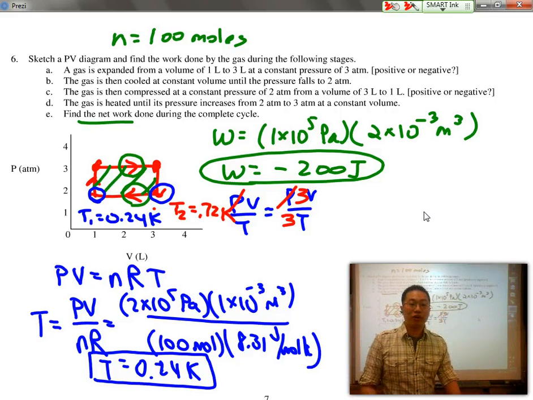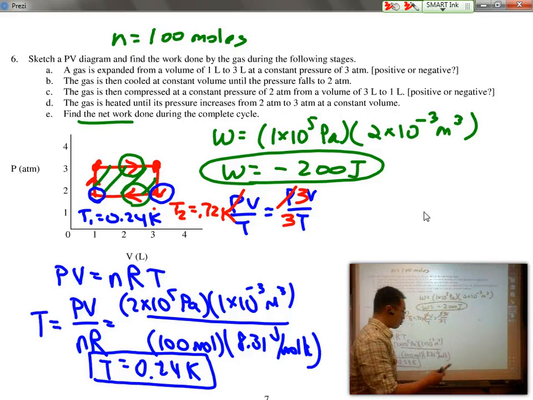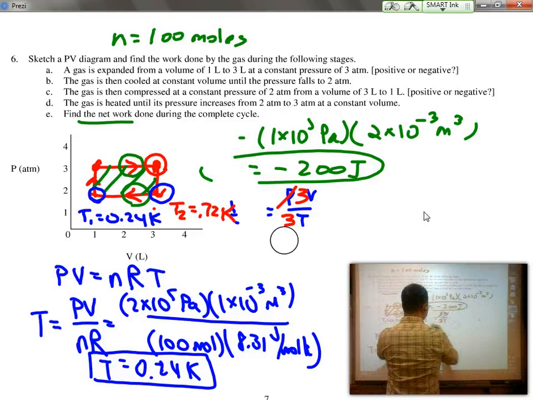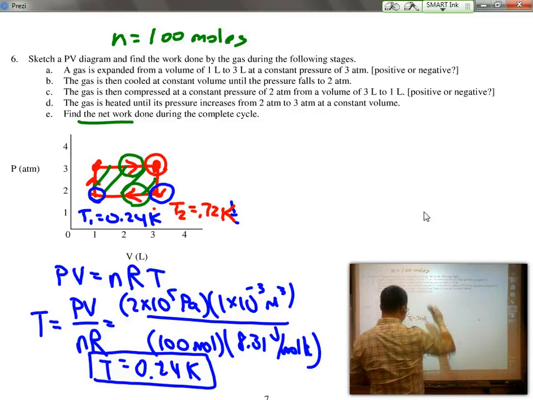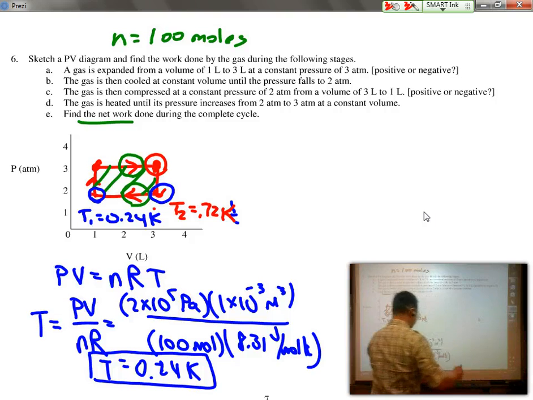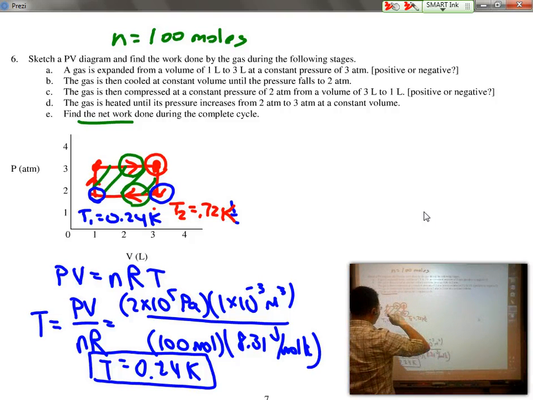Now, if we're talking about the temperature at the top right corner, let's erase some of the work over here. Okay. Now, in this example, I know that the original volume was 1, the new volume is 3.